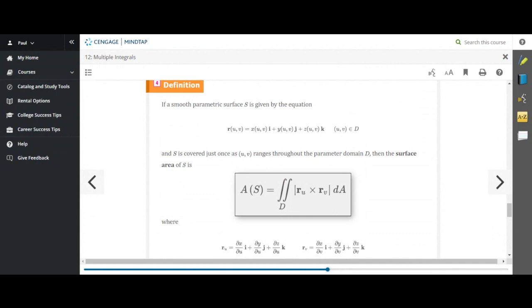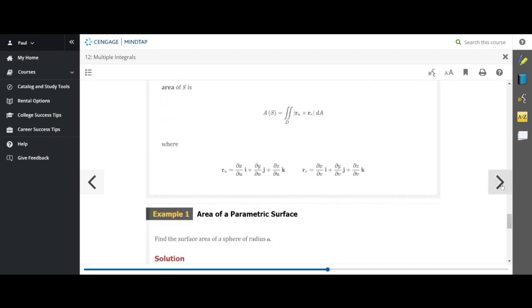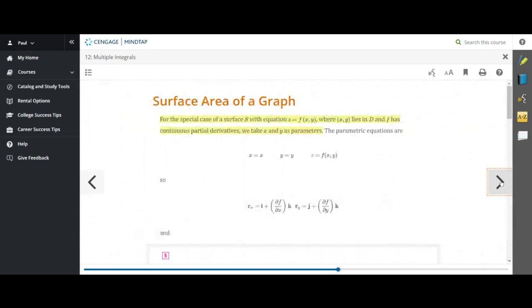But in the case where the surface can be expressed as a function of two variables, like a function of x and y, there is another version of this formula. It only works when you have a function of two variables, and it is called the surface area of a graph. So let me show you that formula.